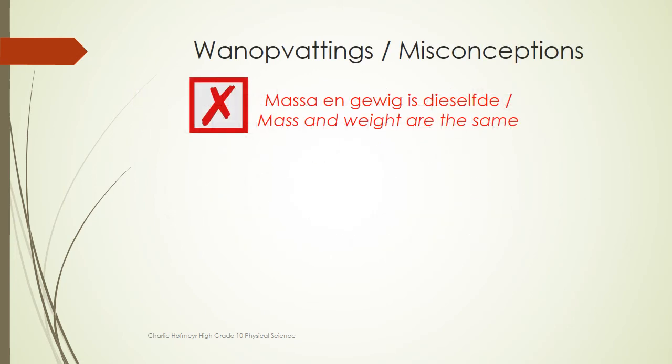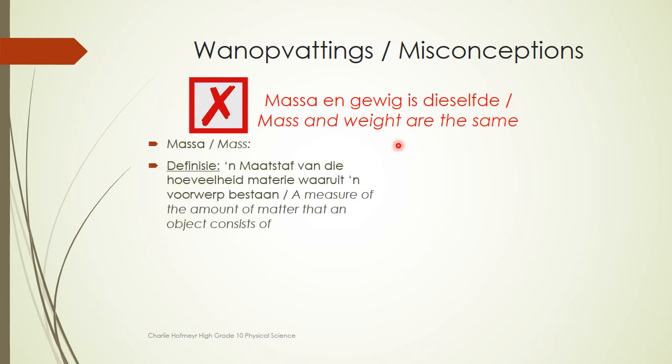A common misconception is the difference between mass and weight. We can't say mass and weight are the same. They are completely different because mass is a scalar and weight is a vector. Mass is a measure of the amount of matter that an object consists of, and it is measured in kilograms.